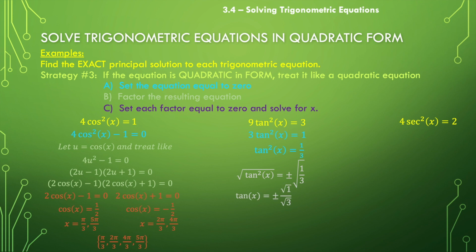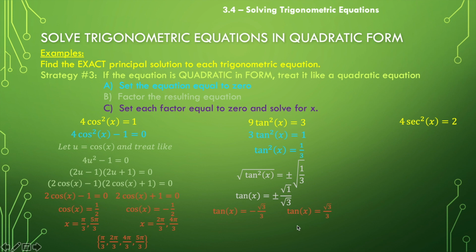Because that's going to allow us to simplify it a little bit. All right, now remember that the square root of 1 is just 1, and then we would have 1 over the square root of 3. And so when we rationalize that, we would end up with the tangent of x is equal to plus or minus the square root of 3 over 3.